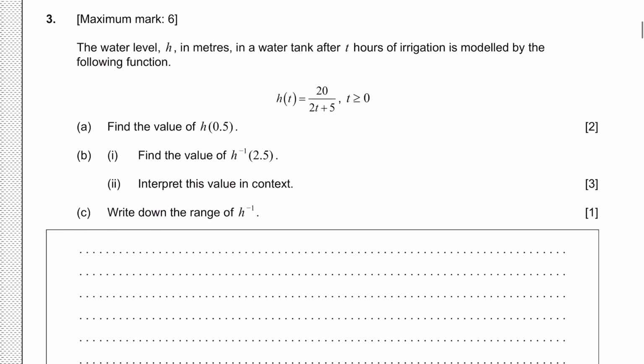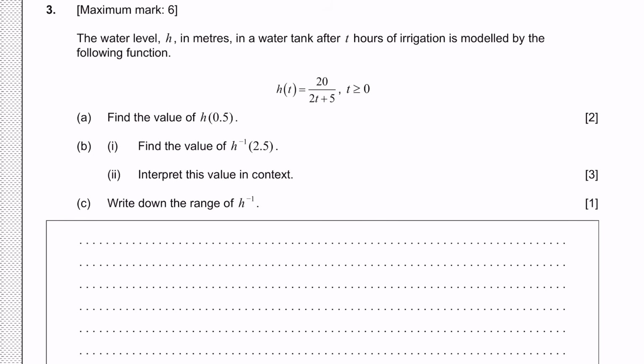So for this, let's actually write this out. So we have h of 0.5. Normally our function was written in terms of t. Now we'll write it in terms of 0.5. Wherever we see a t, we'll replace it with 0.5. So we have 20 over 2 times 0.5 plus 5.